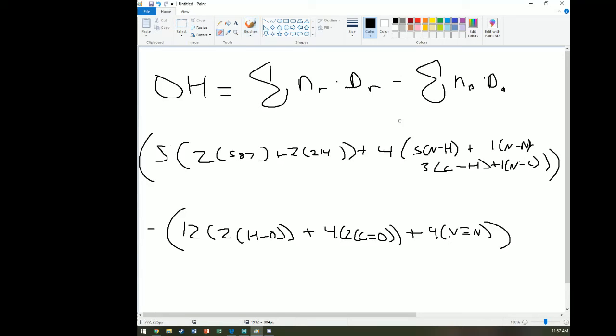The NH bond, N times H, is 391 according to the chart. NN according to the table is 158.